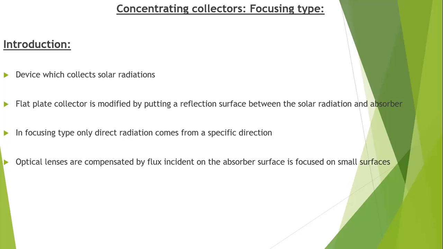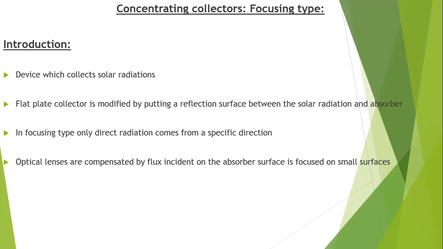Direct radiation can be collected by orienting the receiver or reflector towards the direct radiation. This optical system directs the solar radiation onto a receiver of smaller area covered by transparent covers.